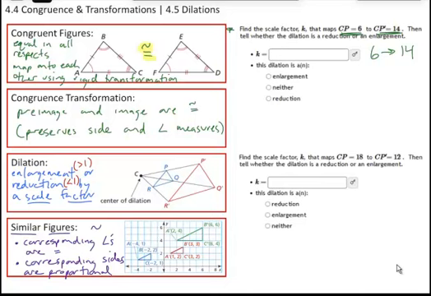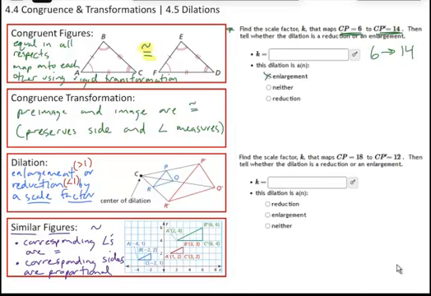Are we making it bigger or making it smaller? We know it's bigger, right? We're going from 6 to 14, it's bigger. So that means this dilation is an enlargement. That's probably the easiest thing to find first in a question like this: determine whether you're looking at something that's bigger or smaller.